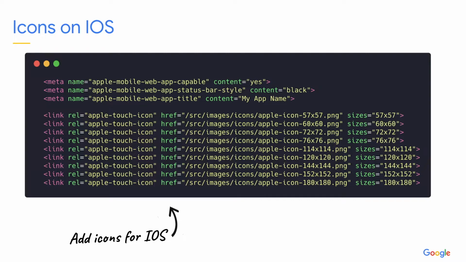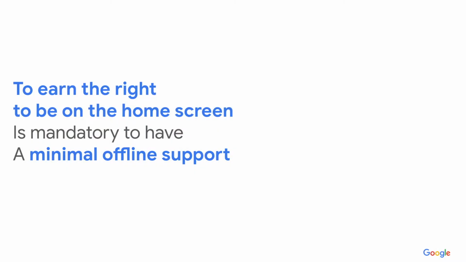You can also add the icons for iOS, though they are not the same. Here, just add the Apple Touch icon. So if you use a favicon generator, there are plenty of them on Google if you search for them, and they are able to generate this code for you.